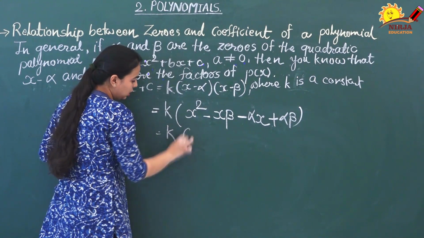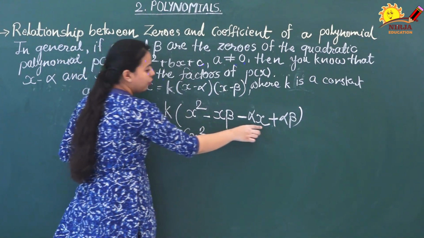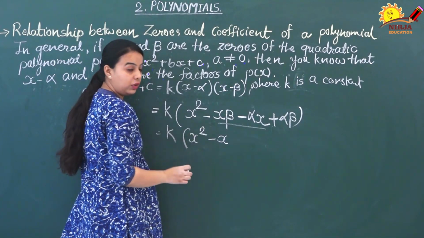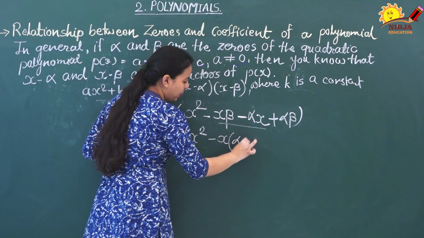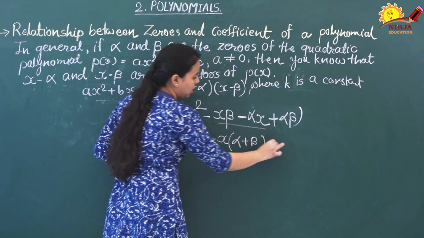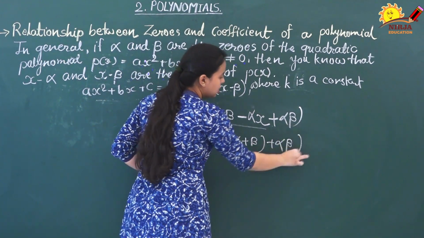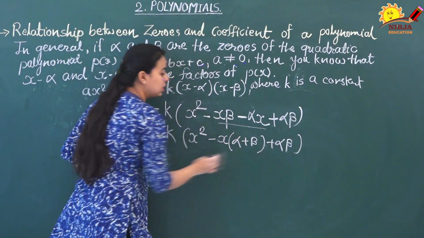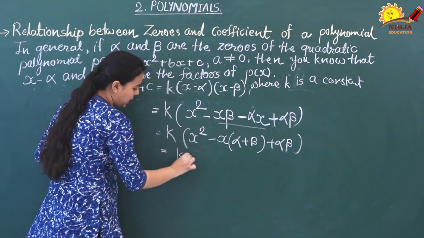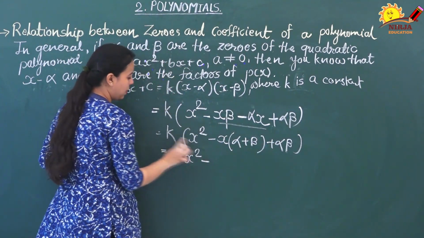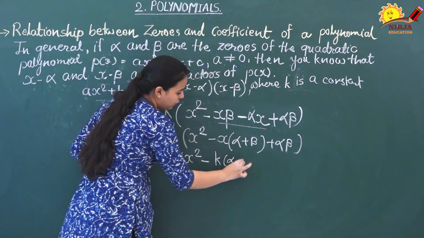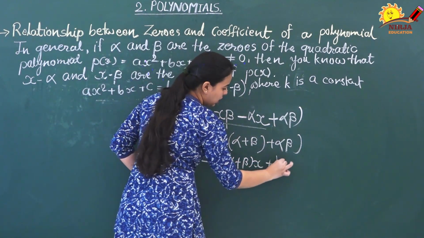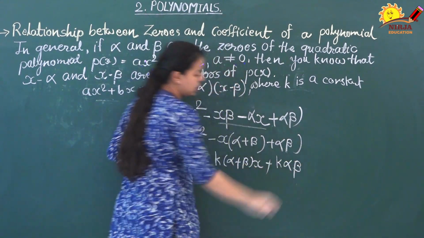Now let's solve it further. From here I am going to take minus x as common. Then what will be left? Alpha plus beta, and this term as it is. Now let's multiply k with all these terms. First will be kx square minus k into alpha plus beta into x plus k into alpha and beta.